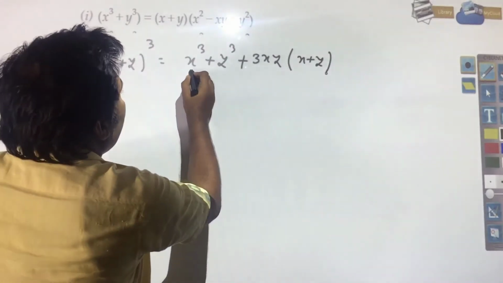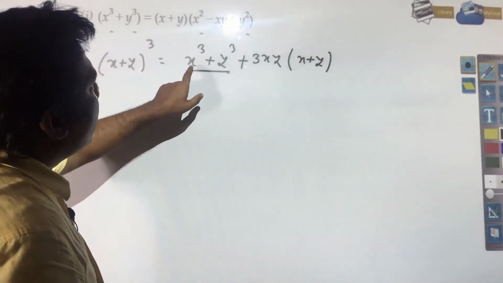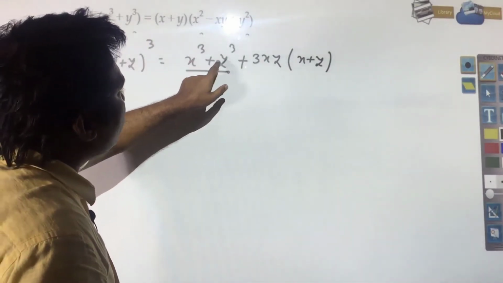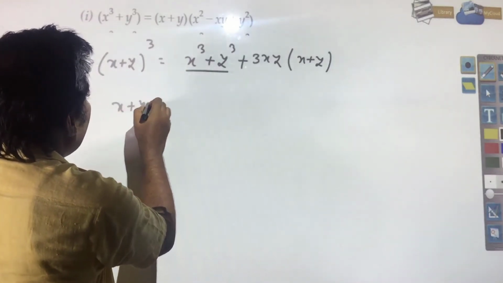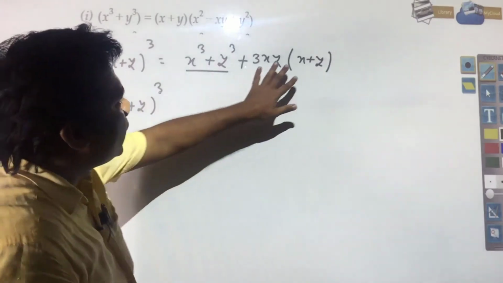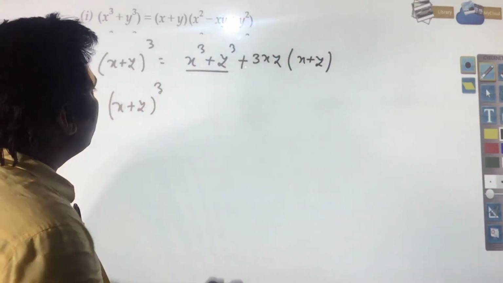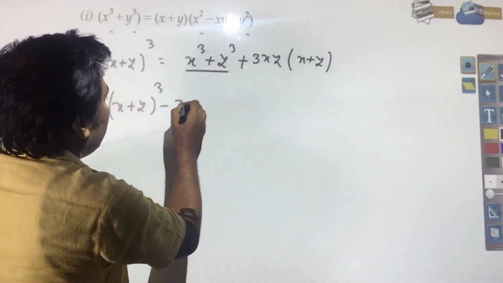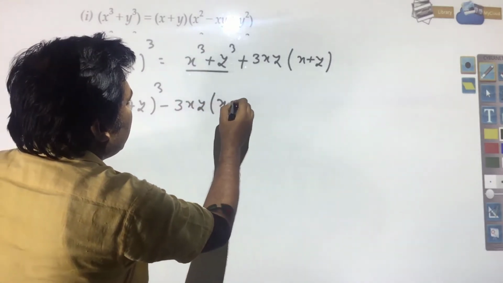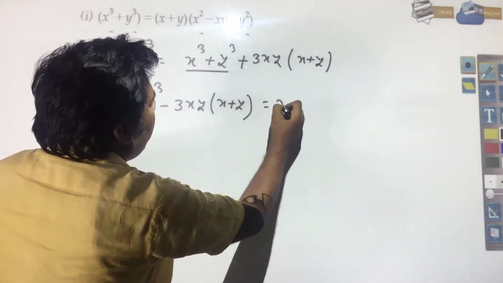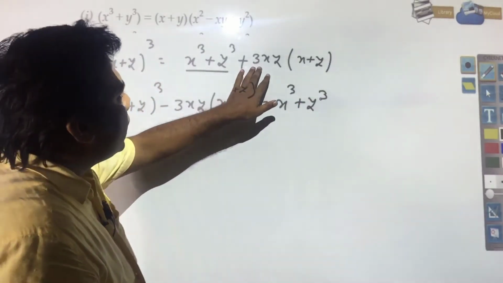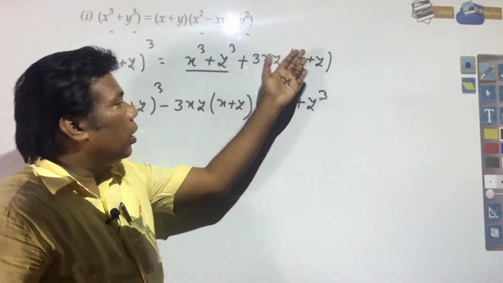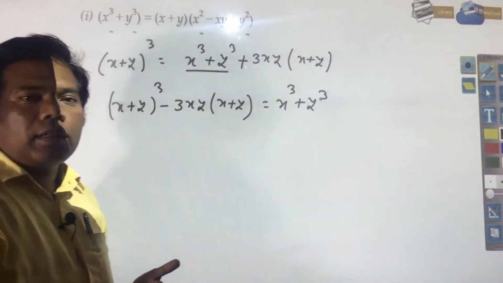So, if we need to know the formula for x cube plus y cube, then we can write x plus y whole cube, and this term you bring to the left side. So, it will become minus 3xy into x plus y, and that will be equal to x cube plus y cube.